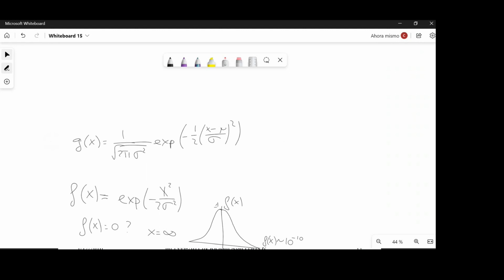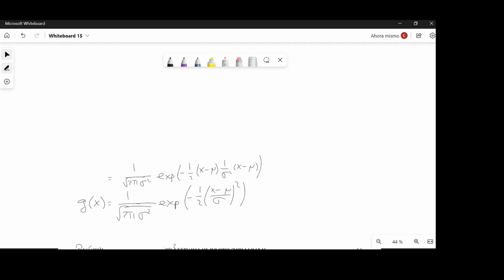And I can write this in this way. So I can write this as 1 over sigma, and then exponential of minus half, and then I would write x minus mu, 1 divided by sigma squared, and then x minus mu. It's the same. Okay, now let us extend it to two dimensions. So now instead of x, I will have x and y.